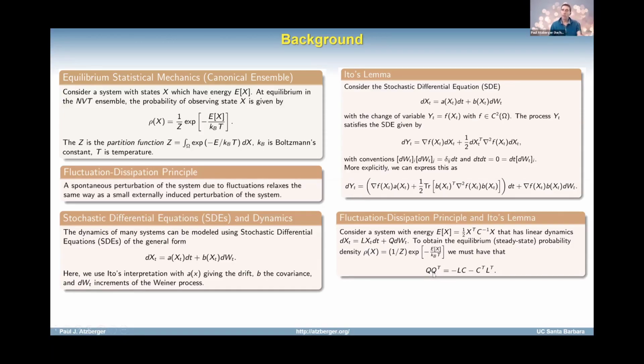And I get what are often referred to as the Nyquist relations, that this Q, in order for this dynamical system to have the appropriate target steady state distribution, QQ transpose has to be equal to negative LC minus C transpose L. So what this allows us to do is basically leverage our knowledge about how those relaxations to external perturbations result, again, in relaxation of the system, and our knowledge about what the equilibrium probability density should be for the system to basically derive the stochastic forcing that we would need to appropriately model the dynamics within this, again, this linearized regime.